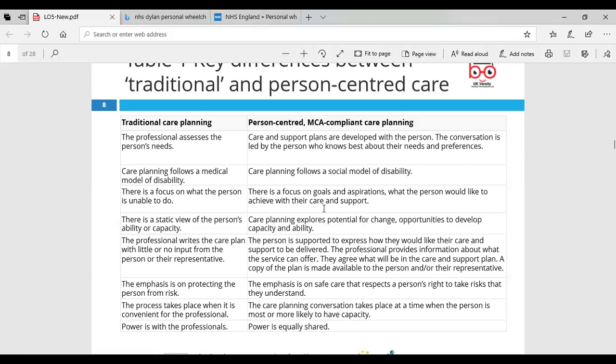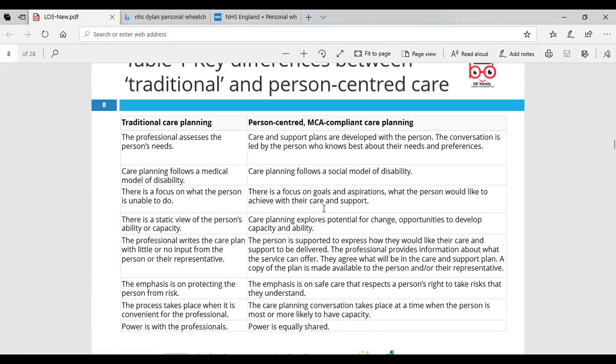By the social model of disability, I mean the psychology; we take into consideration other points as well, not just the biology behind disability. So it's more holistic, considering more aspects while providing care to that person.